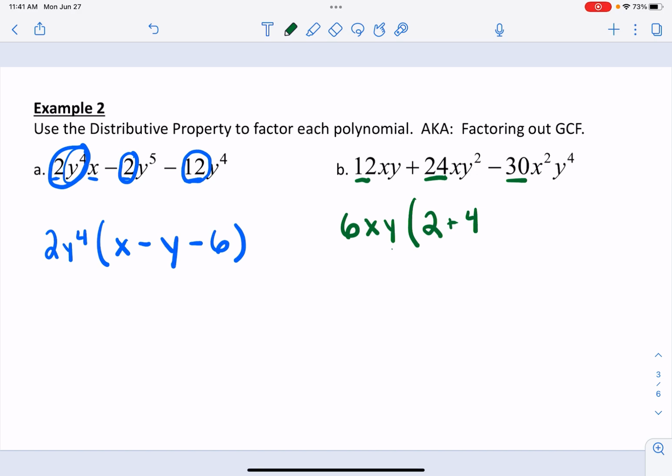I factored out that x. Y times what is going to get me y squared? That's y. I factor out a 5. Let me think about this differently. X times what is going to get me x squared? Well, that's an x. Y times what is going to get me y to the 4th? Well, that's y to the 3rd. And both of those are done. Again, you can always multiply these back through if you want to see if your answer is correct.